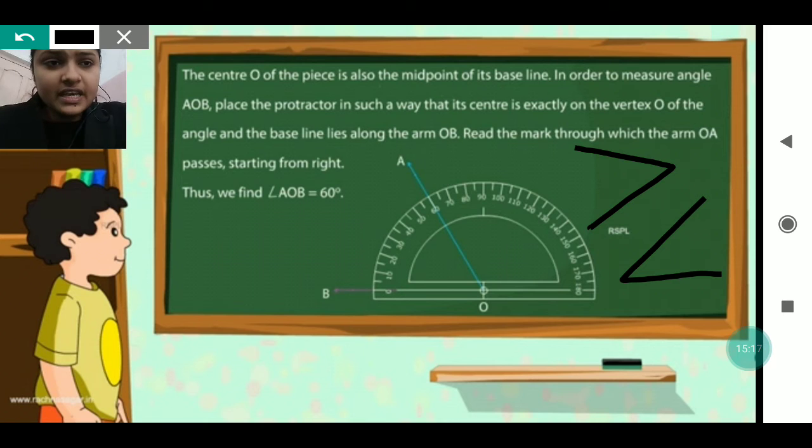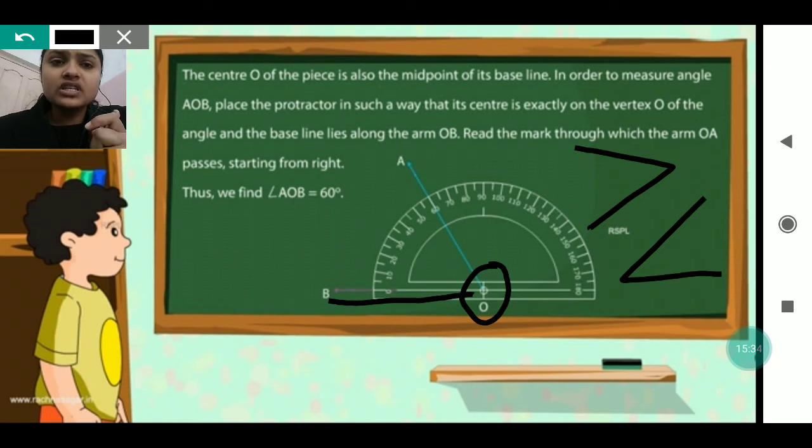We will keep the center of the protractor on the vertex, and the baseline should be on the arm of the angle, the arm of the ray. After that we will do the measurement.